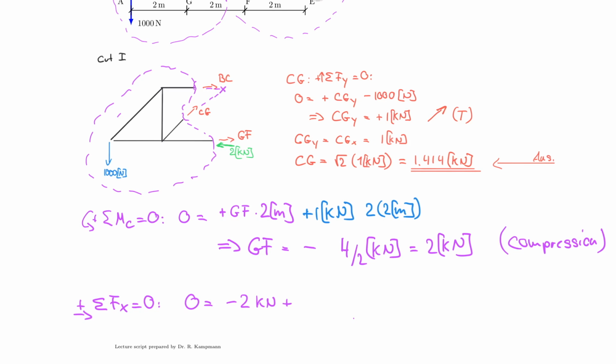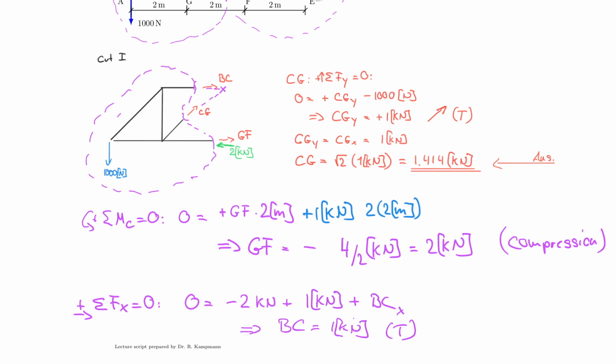So 1 kilonewton, and that was actually in tension, so we were correct there. So it's plus to the right, 1 kilonewton, and then plus BC. You can also call that BCX, and that is assuming that it's in tension. And so therefore BC is equal to 1 kilonewton in tension.